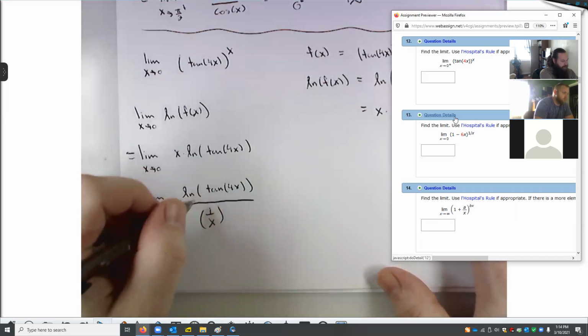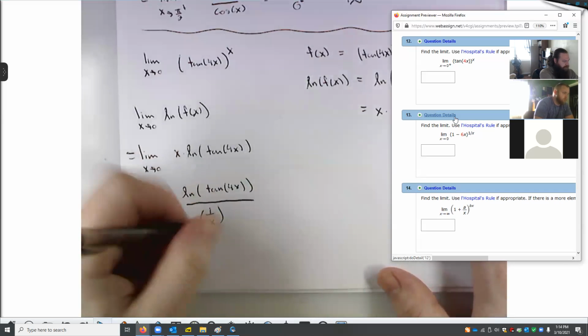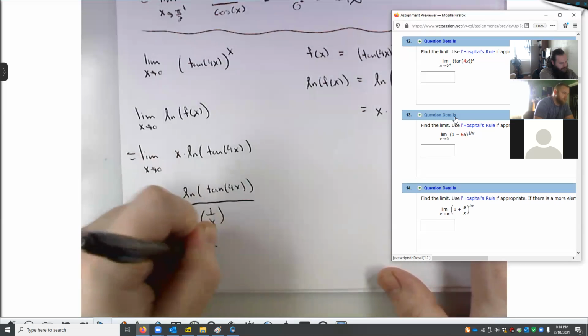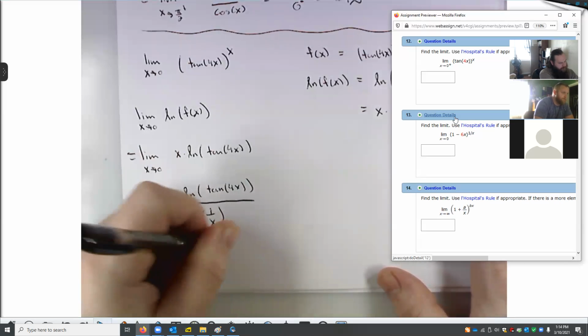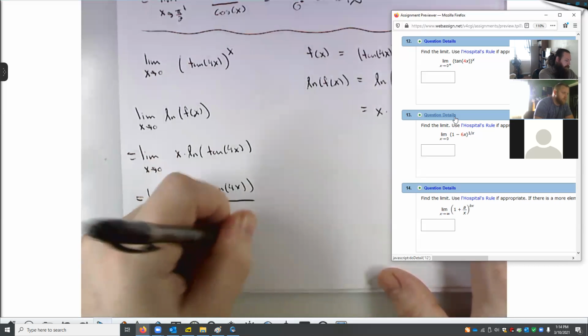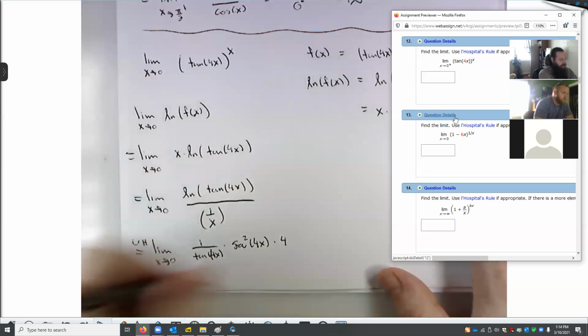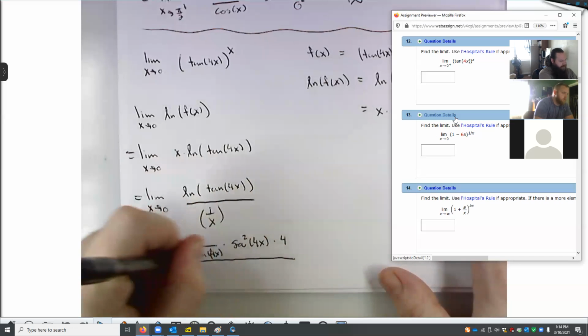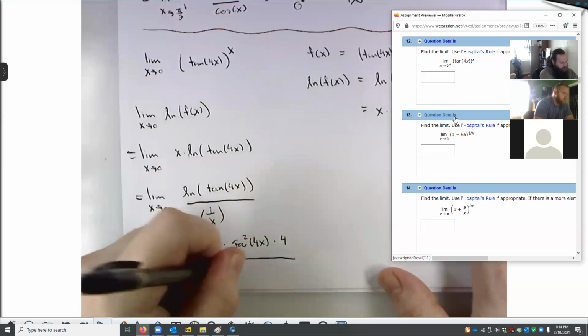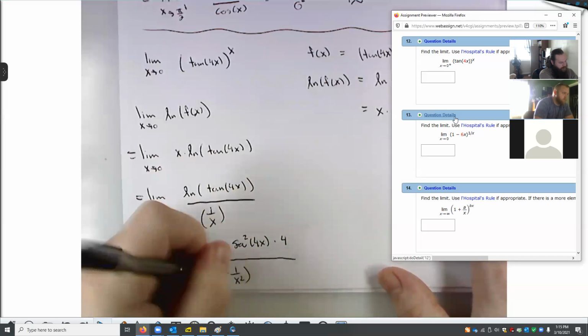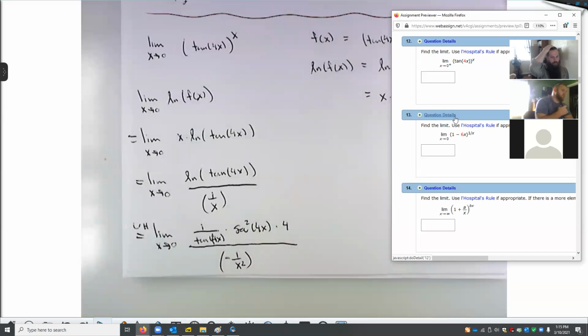The derivative of ln of tan of 4x is 1 over the tan of 4x times the derivative of tan 4x, which is secant squared of 4x times 4 by the chain rule. And downstairs, the derivative of 1 over x is negative 1 over x squared. Good so far?